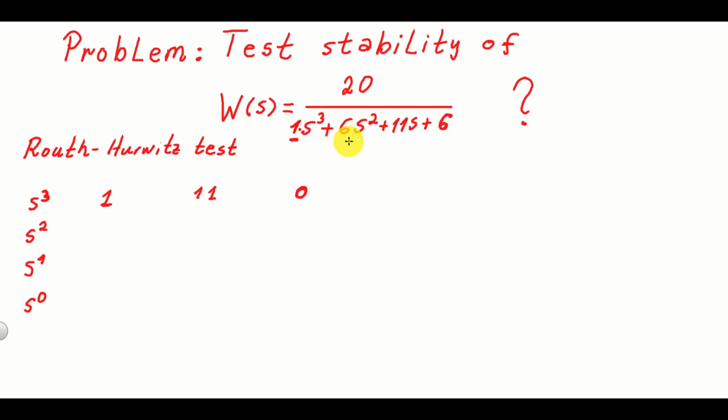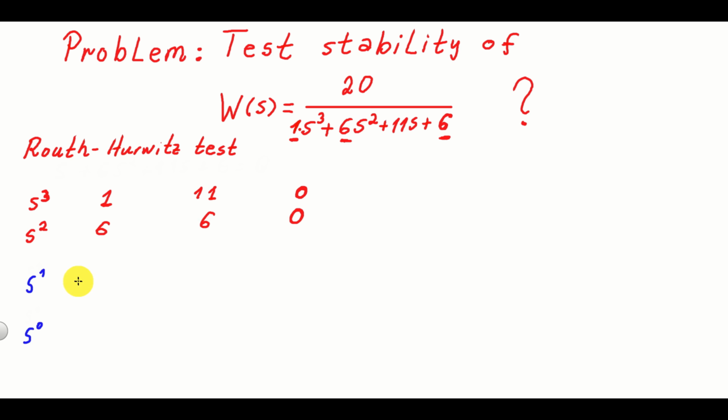The second row associated with s to the power 2 is constructed by taking this coefficient and taking this coefficient. Consequently, we write 6, 6, and 0. The remaining rows are constructed recursively by using these two rows. Let's construct the third and the fourth row.